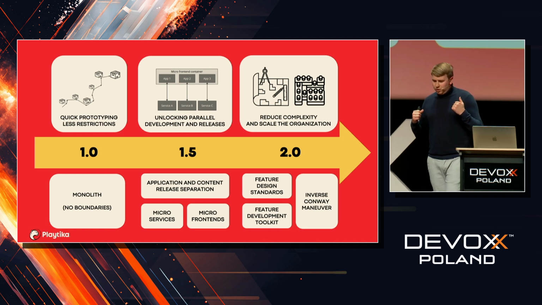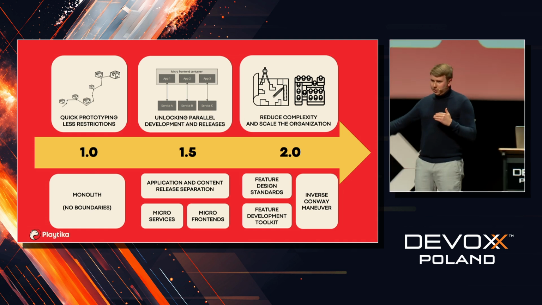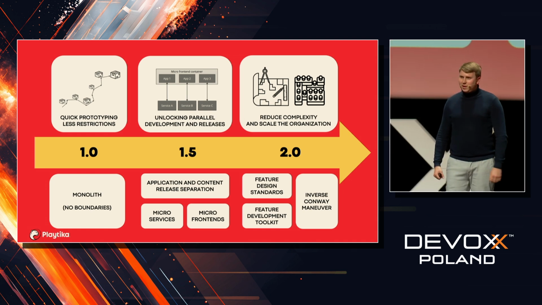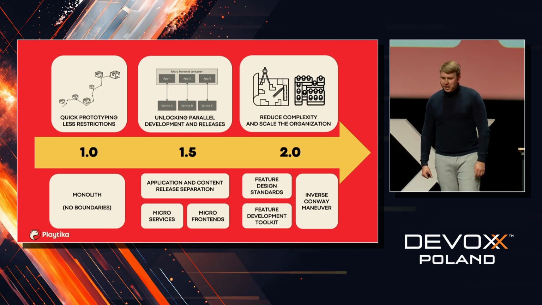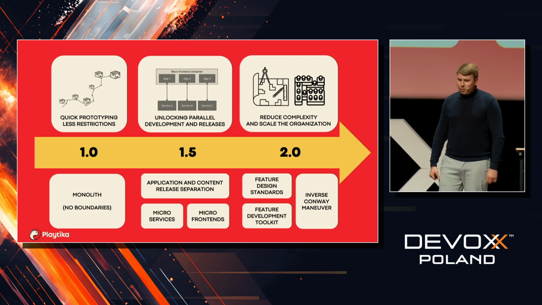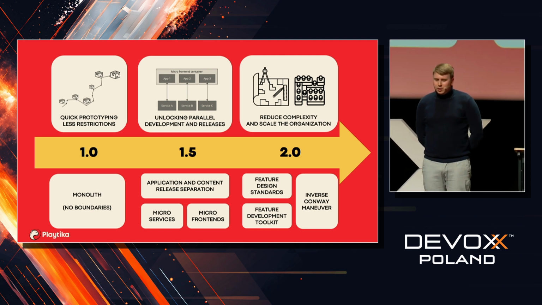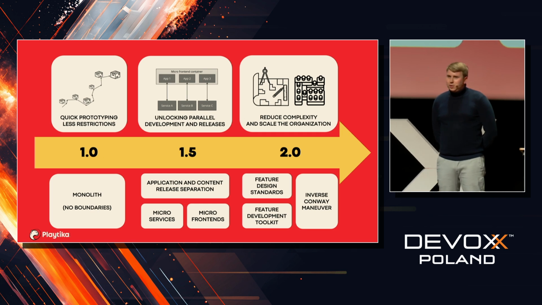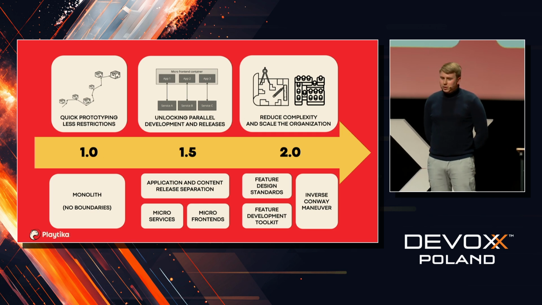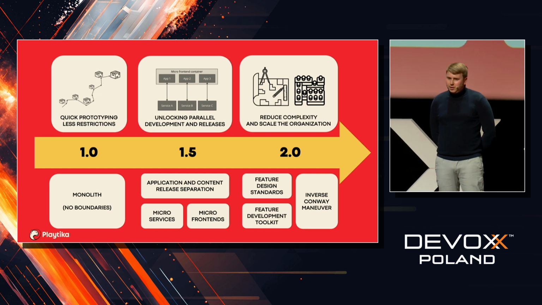So we walked through the evolution of the architecture, which has already taken 9 years, and we'll keep going. We started with architecture 1.0, which was done for the purpose of quick prototyping. At this moment, we didn't know if the product had value, if people liked the game.